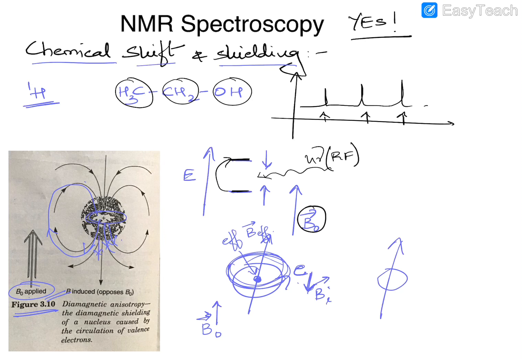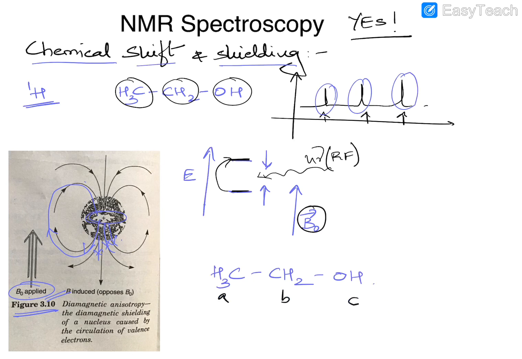That's what results in slight differences in the energy levels between the ground state and the excited state from one nucleus to the other, and that results in non-magnetic equivalence and peaks appearing at different frequencies at which the resonance criteria are met.